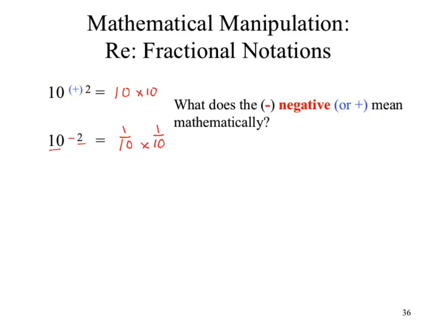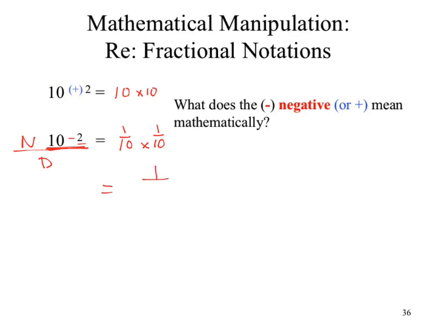Where's the 10 to the minus 2 currently written? It's written in the numerator. The minus means run that operation in the opposite location of where it's located. 10 to the minus 2 is currently in the numerator. Where should I run the calculation?